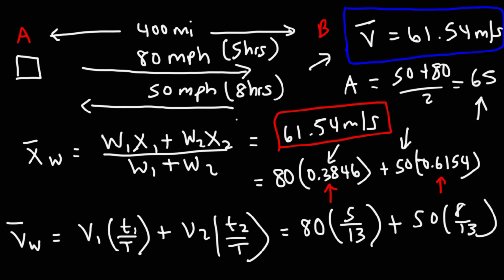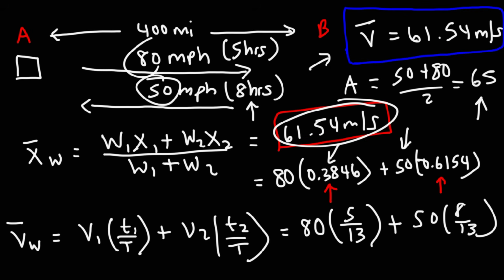So because it spends a longer time going slower at 50 miles per hour, the average speed is going to be closer to 50 than it is to 80, because 50 has more weight. It has more time weight in this problem. So that's why we got this average of 61.54, which is closer to 50 than it is to 80.